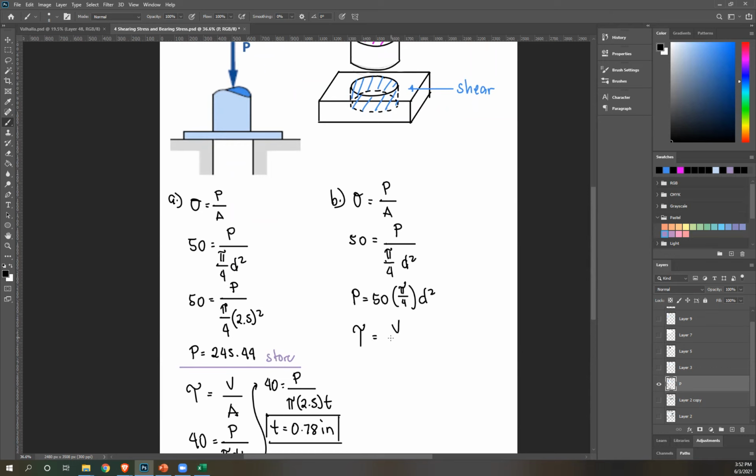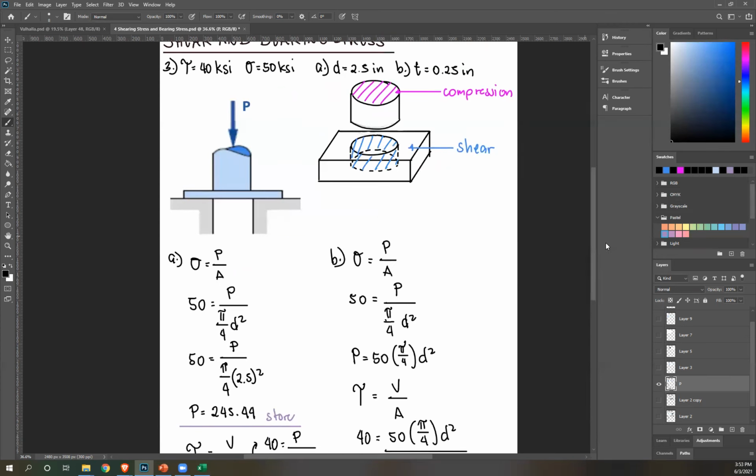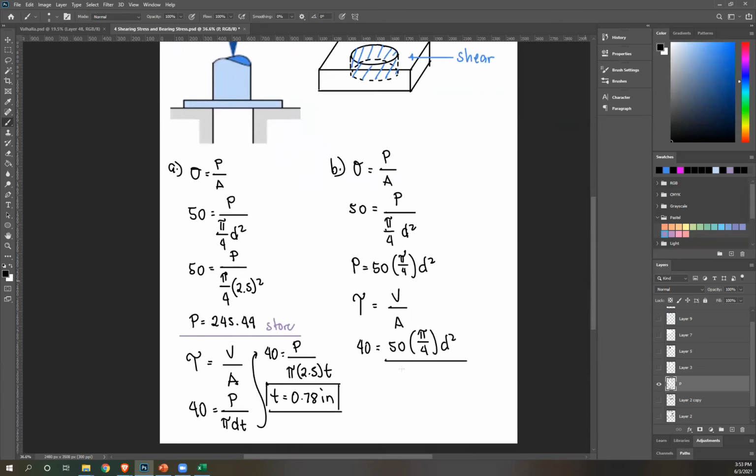So tau equals V over A. Tau once again is 40. V is equal to P. So I'm going to use this equation, which is 50 times pi over 4 d squared, over area. Area is the same, it's still pi d times thickness.